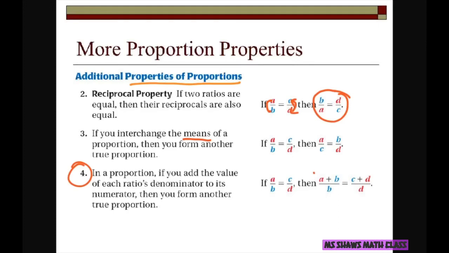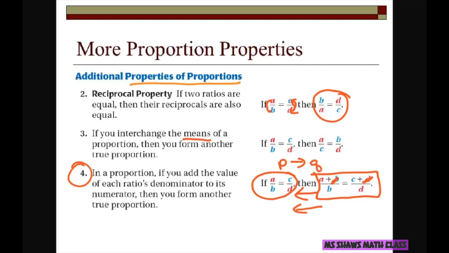So what we had on our last statement was this. So then I can write it this way. So I can take off the B here and the D here and get this part. So we went that way. This is if P, then Q, and what we had is if Q, then P.